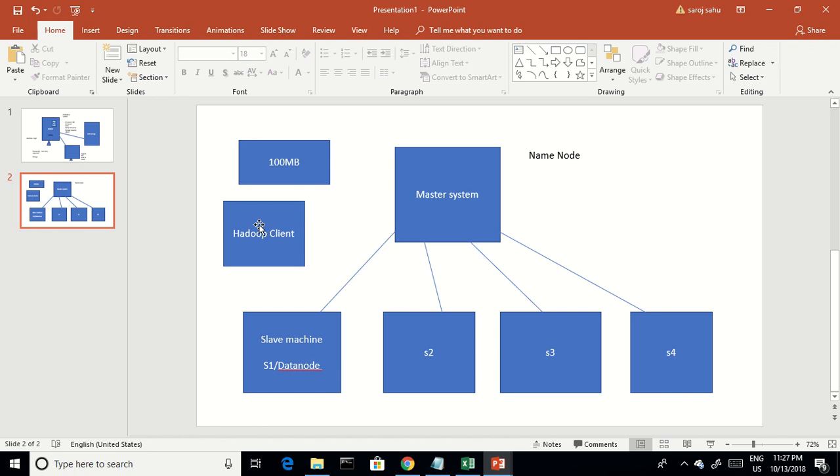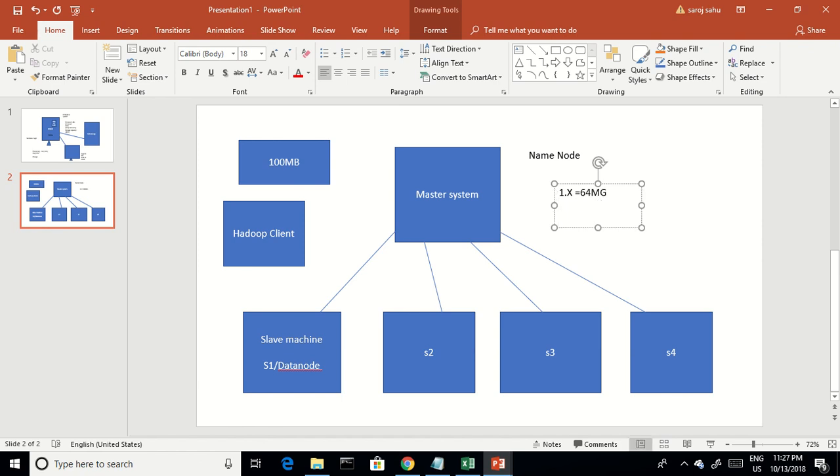So what is the block size here? The default block size in Hadoop 1.x is 64 MB, and in Hadoop 2.x the block size is 128 MB.